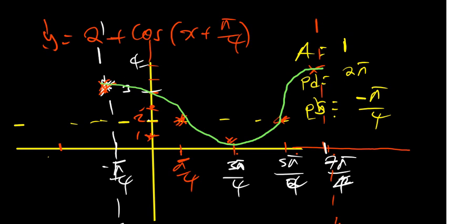Yes, please. Now the one, because of the vertical shift, moved to what? The amplitude is the same, but the vertical shift shifted from 0 all the way to 2.